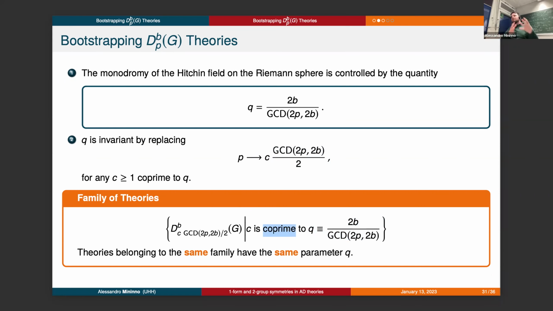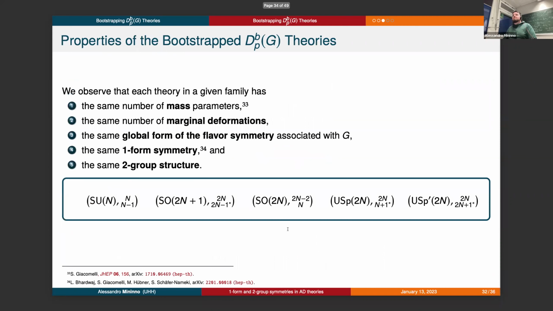But what kind of properties are they satisfying? The property is that all these theories have the same number of mass parameters, the same number of marginal deformations, the same global form of the flavor symmetry, the same one-form symmetry, and the same two-group structure. I tried to stress the two-group structure a lot, at least for these first theories here, and also because for all the others we show that they don't have it.